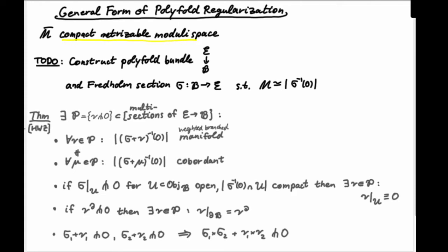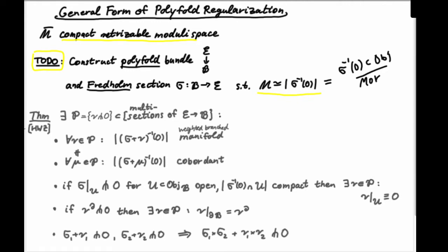And I need to somehow give you a construction of a bundle and a Fredholm section so that the moduli space is given by the representation, right? So the topological representation, as usual, is the zero set in the objects, or the morphisms. And they're now going to be rigorous in terms of some language that has polyfold and polyfold Fredholm in it.